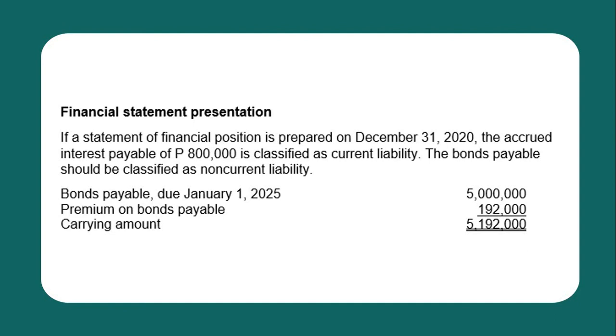So we have bonds payable at face amount 5 million plus the premium on bonds payable 192,000. This is after deducting the amortization of 36,000 from 228,000, so 228,000 minus 36,000, the balance is 192,000. So carrying amount is 5,192,000.